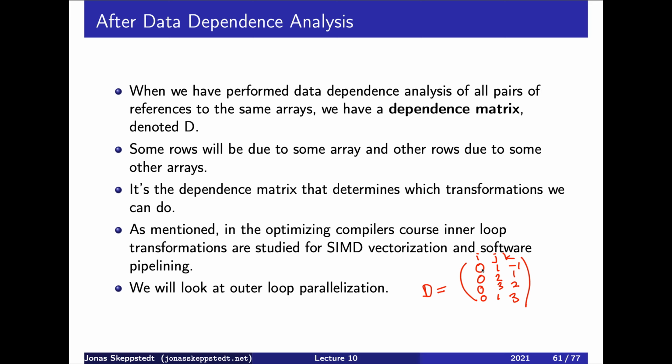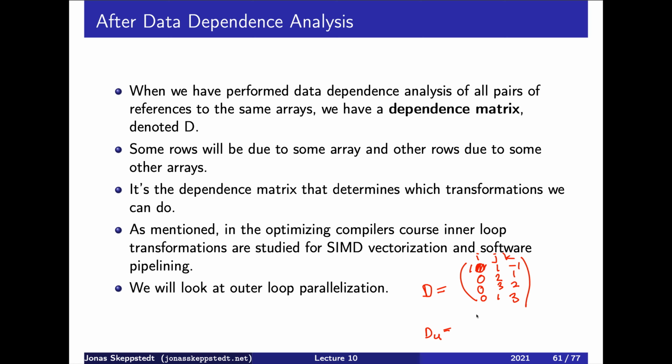Instead, there may be some non-zero somewhere here. And then it's not possible to run this outer loop in parallel, and we must try to find a loop transformation that will create a new loop.